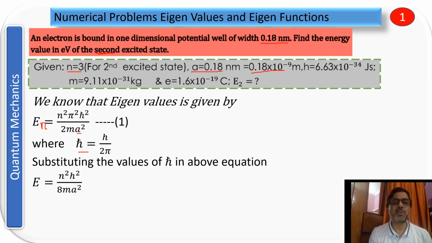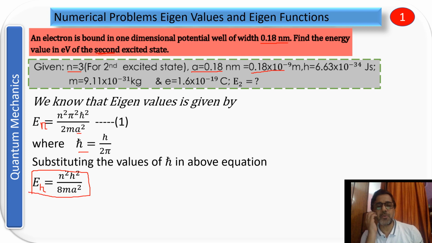So that value I have substituted, and then the nth energy state En equals n square h square upon 8ma square. This formula you should also remember, En is equal to n square h square upon 8ma square, so that you can directly substitute the values in calculating the eigenvalues.